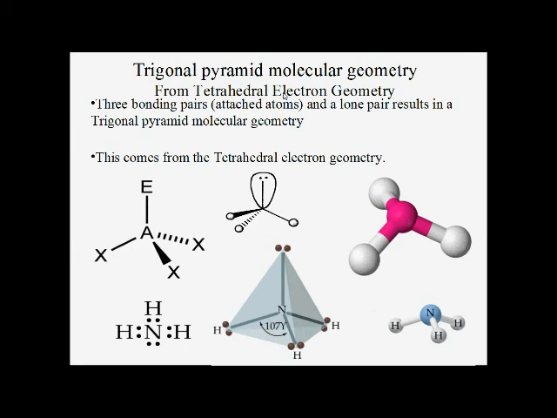It's not written down here. But because that lone pair is repulsive, the bond angle is going to be less than the 109.5 from the tetrahedral. For ammonia, it's specifically 107 degrees, but it's definitely going to be less than the 109.5 degrees from the tetrahedral.